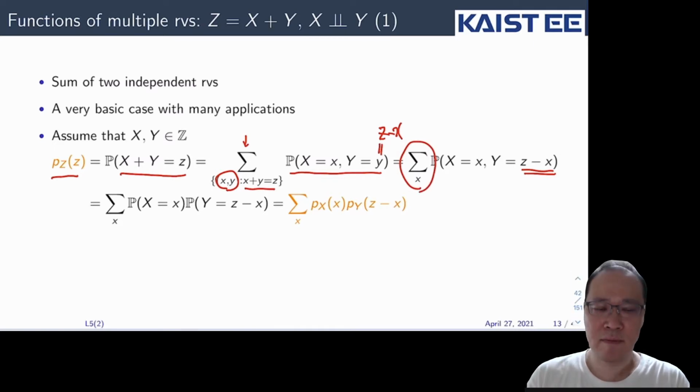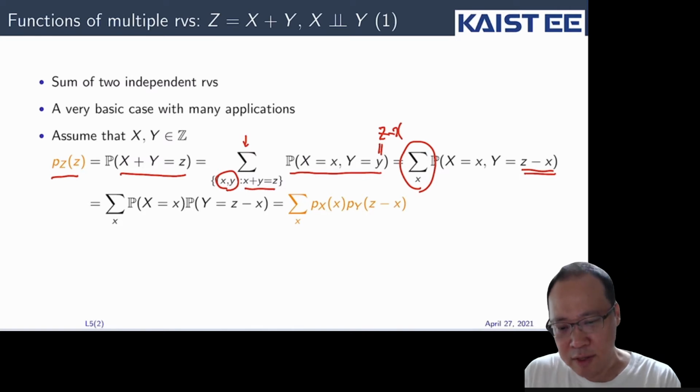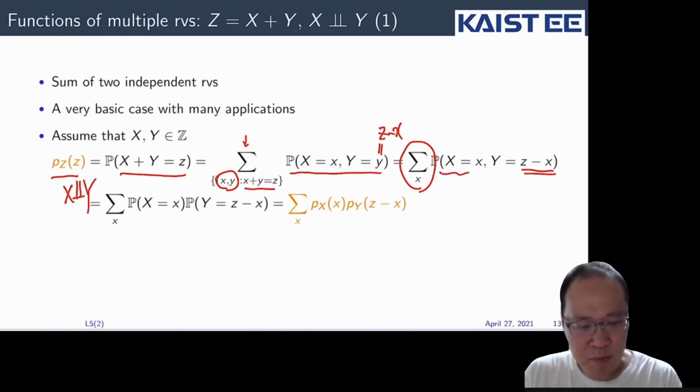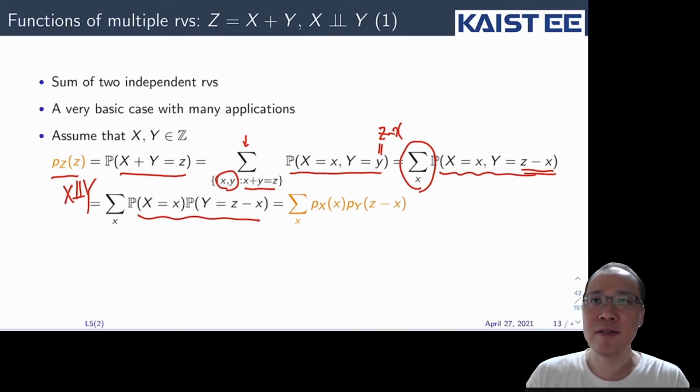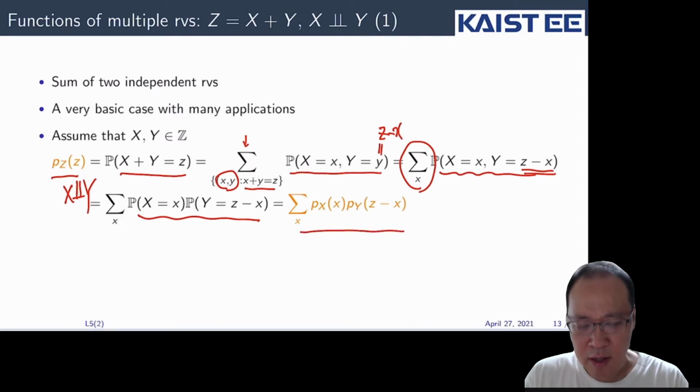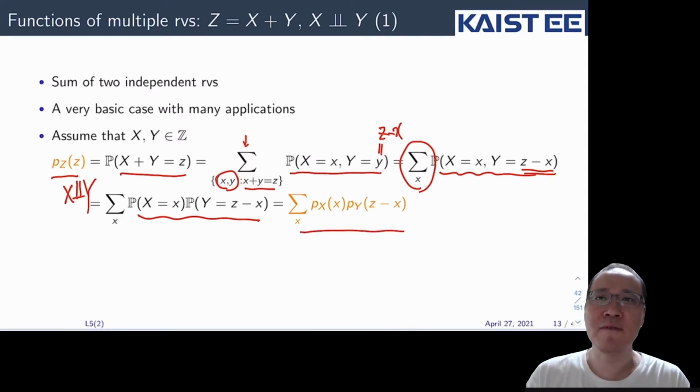Okay. Now, since X and Y are independent, this probability is the product of the probability that X is equal to x and Y is equal to z minus x. Using the PMF notation, this is p_X(x) and p_Y(z minus x).